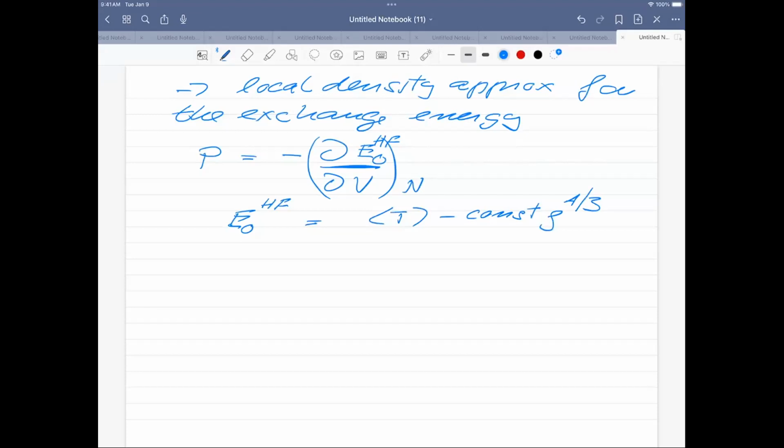And then there is another thermodynamical quantity which is extremely useful, and that is the bulk modulus, which is proportional to the second derivative of the energy. It's actually given by minus the volume, and then we have the pressure, and then dV at a constant number of particles.